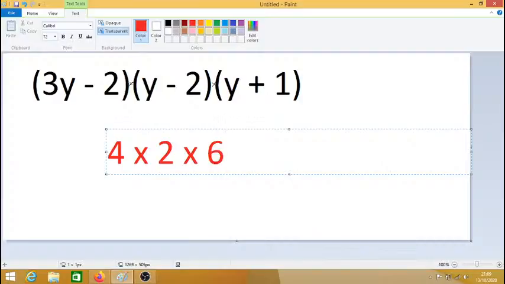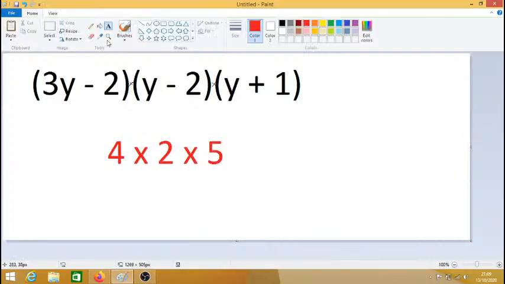The technique is you have to pick 2 of them first, get the answer, and then that answer you multiply with the third bracket in the question. So pick 2, get the answer, and then multiply by the third one. I'll show you how we do that here.